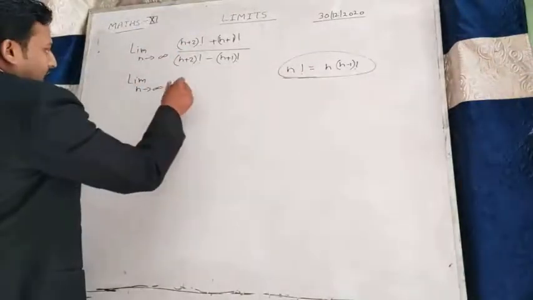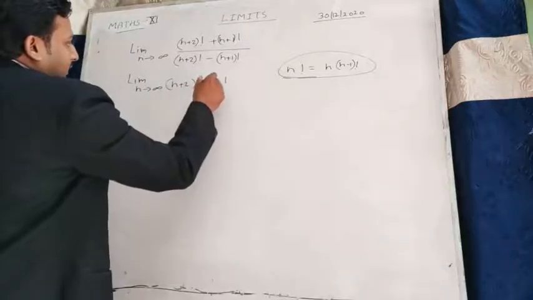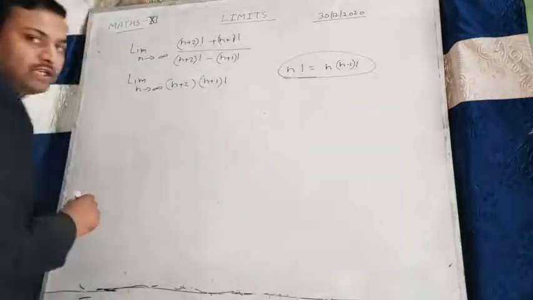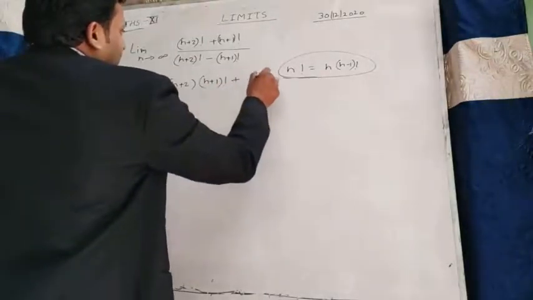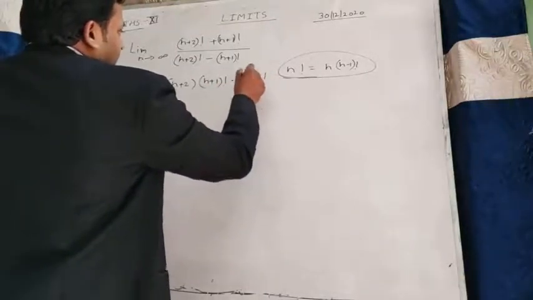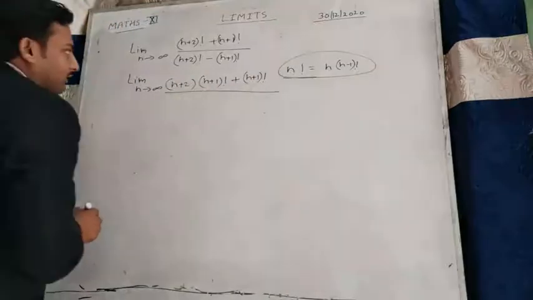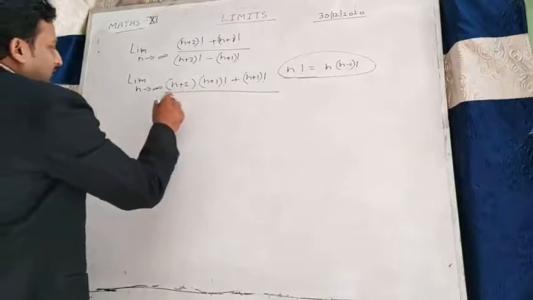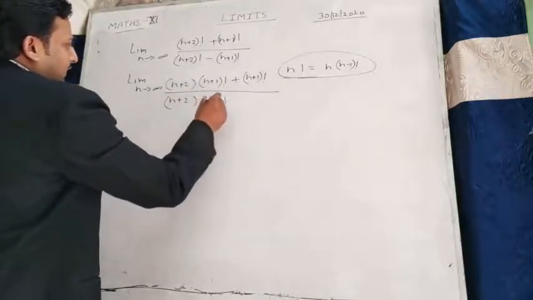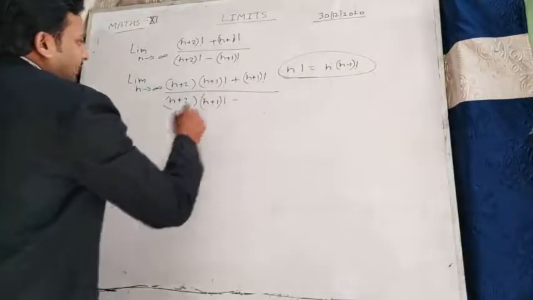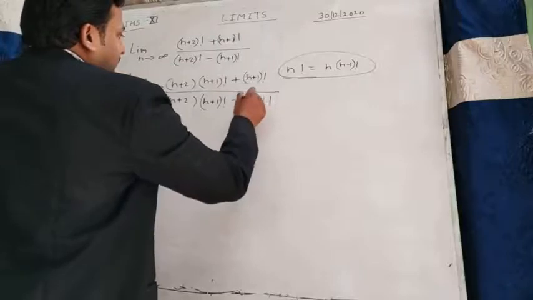When we take n plus 2 outside, the factorial inside will be less by 1. So we can write (n plus 2) times factorial (n plus 1), plus factorial (n plus 1) as it is. The same work we apply in the denominator. We get n plus 2 outside and n plus 1 inside. Minus this is our factorial (n plus 1).